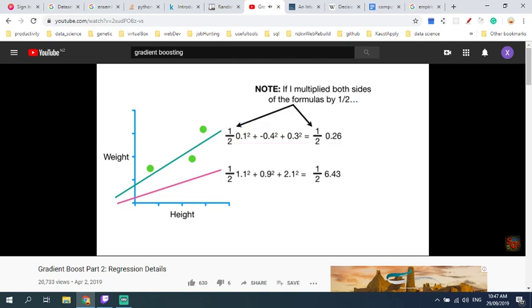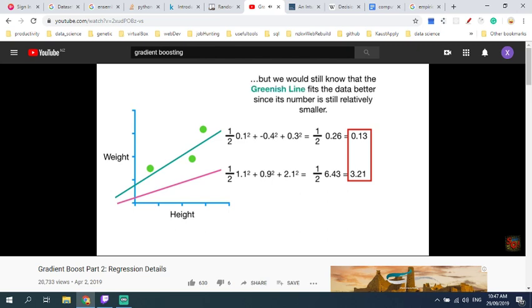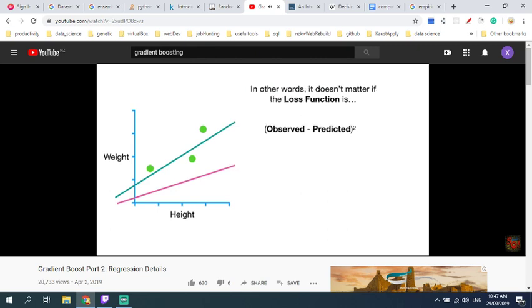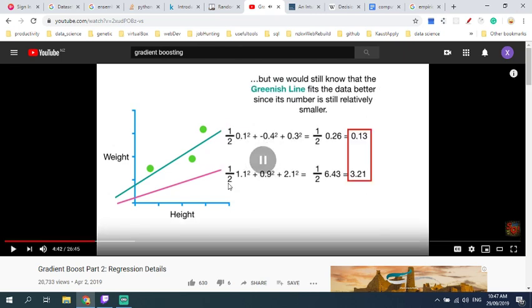Note, if I multiplied both sides of the formulas by 1/2 and did the math, then we would get smaller numbers. But we would still know that the greenish line fits the data better since its number is still relatively smaller.